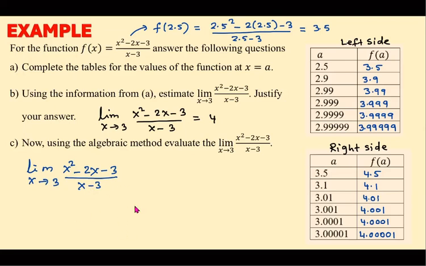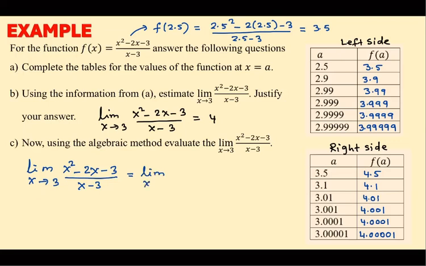Let's see what is going on here. The first step in computing the limit is trying direct substitution. If you perform direct substitution here, the denominator will be 3 minus 3, which is 0. So we cannot have 0 in the denominator. One of the techniques here is to factor and cancel. Let's see if we can factor and cancel it.